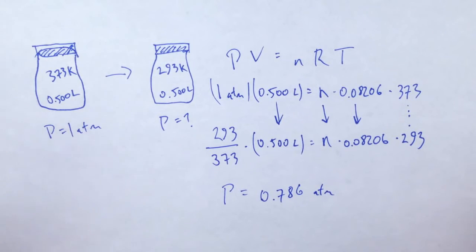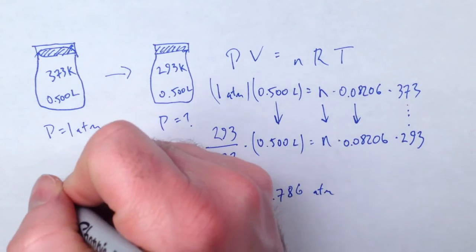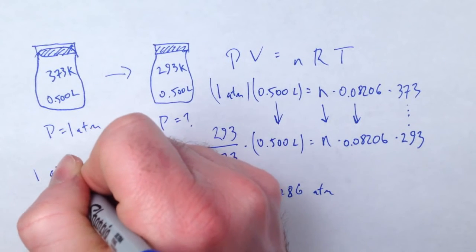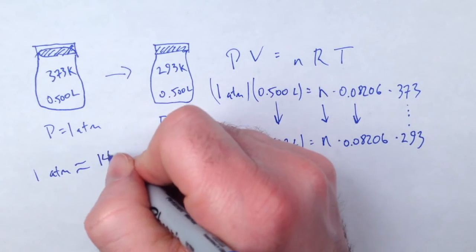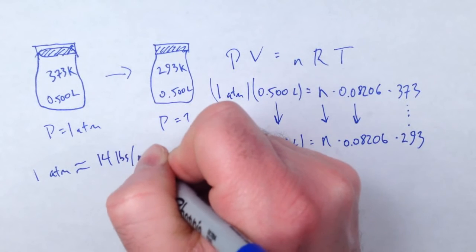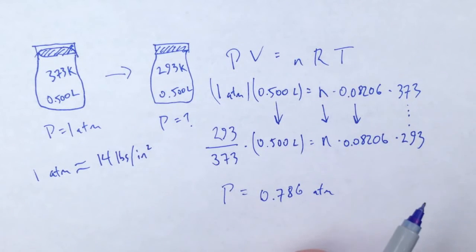Okay, so that's the answer, but real quick, what does that mean? If you don't know, atmospheric pressure of 1 atmosphere is approximately 14 pounds per square inch. So take something that's about a square inch. There's enough air pressure on that to exert 14 pounds of force on it.